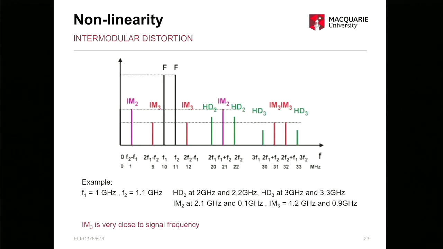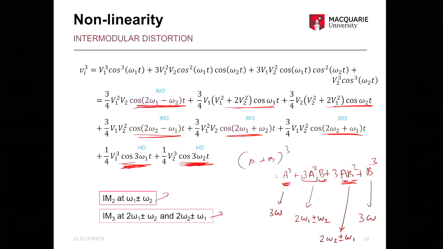So this is IM3. One method I found to memorize it quickly is just check 2 plus 1, 3, and here 1 plus 1, 2. So this is IM2 and this is IM3.